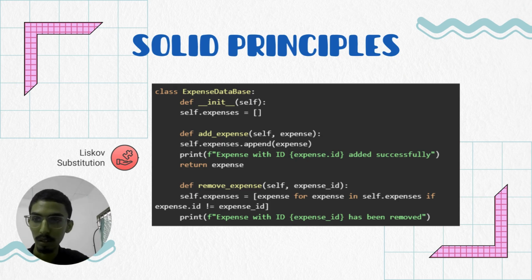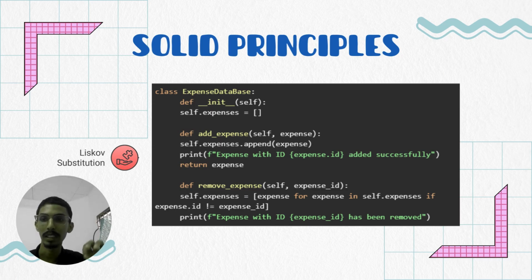So in the expense database class, we can see that this Liskov substitution principle defines that the subtypes should be substitutable for their base types without altering the program correctness.